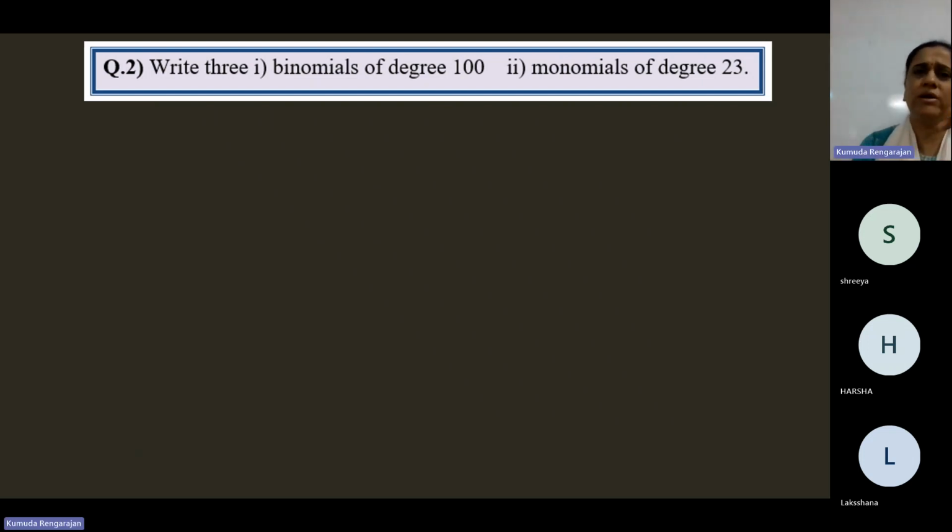You can use one variable or more than one variable. That condition I have not given here, so you can use one or more than one variable. Just do it. Don't do it on the first page, do it behind here.